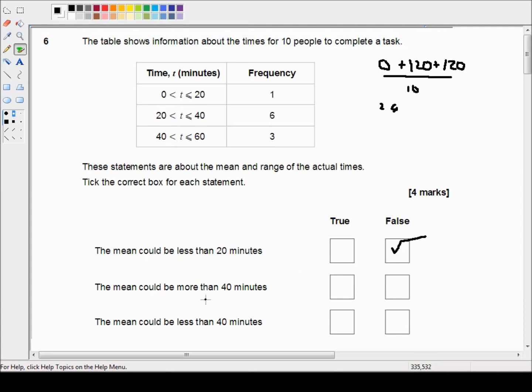Okay, so the mean could be more than 40 minutes. Let's just get rid of this working out here.